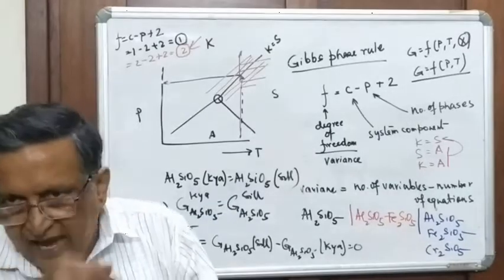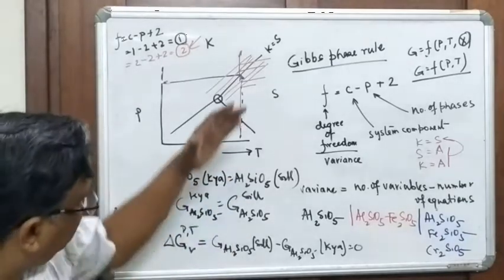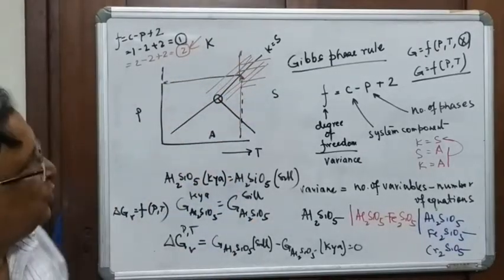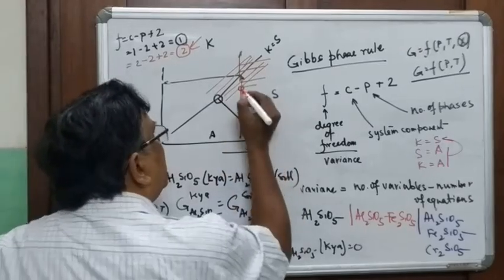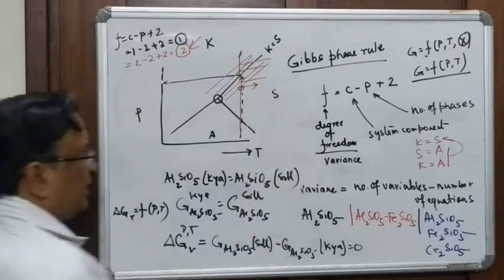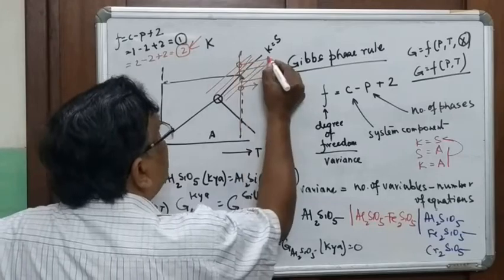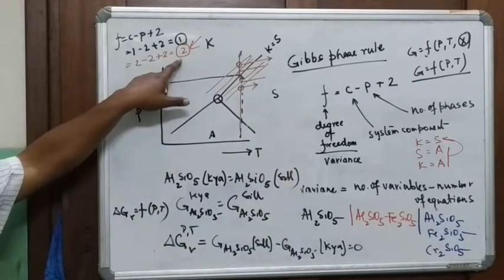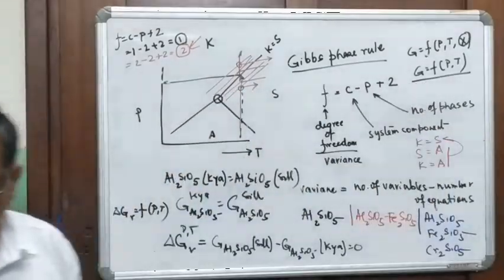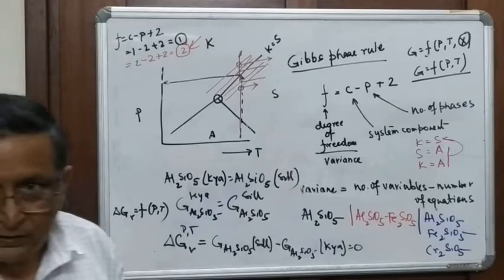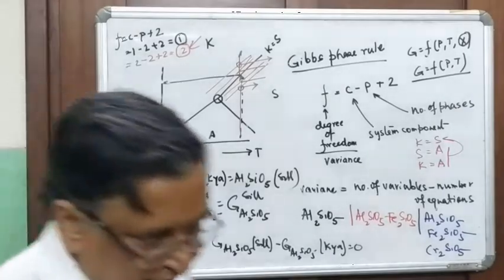Pressure, temperature, XAL sillimanite, XAL kyanite, XAL andalusite. So based on the variables, any 2. If you say this is my temperature and this is my composition, then immediately this is the pressure that you find out. But if you had the same temperature but another composition, you would have another pressure. That is why Gibbs rule tells you, give me some, I give you more. That is the very essence of the problem here.